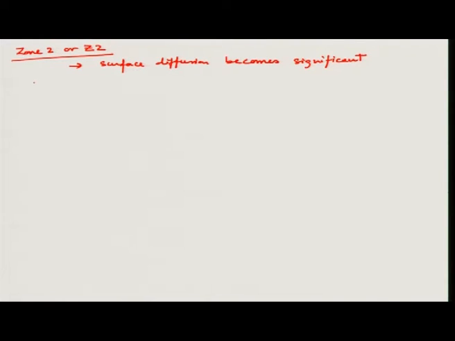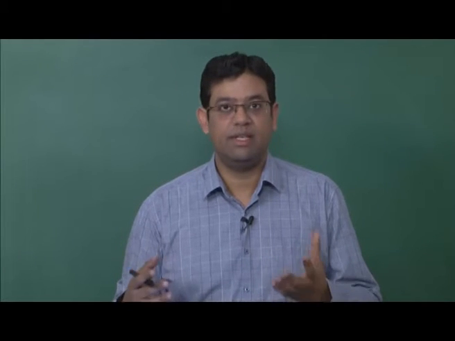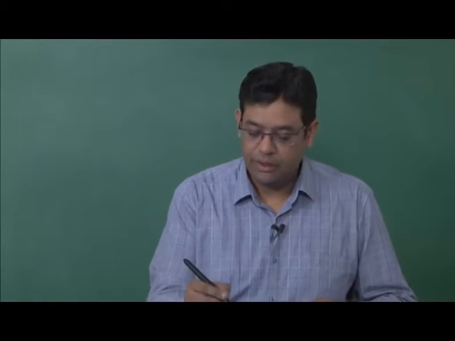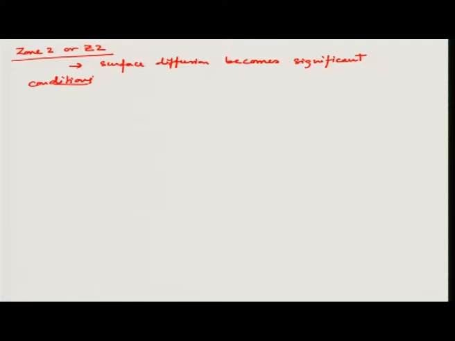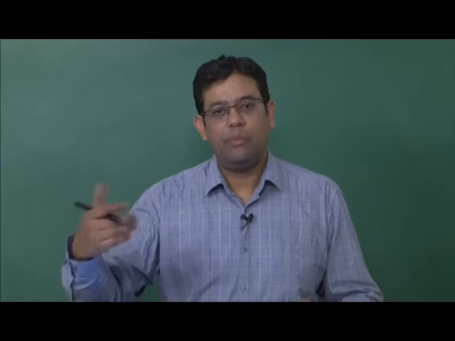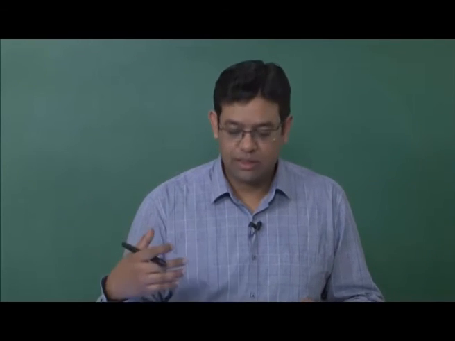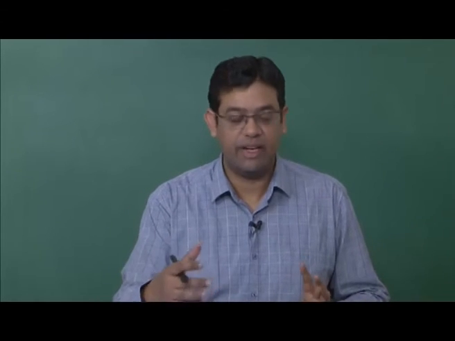Now, the conditions for this are, since surface diffusion is higher, you can expect that the surface temperature or the substrate temperature is high, and at these conditions pressure does not play as big a role. So, pressure is not very important.